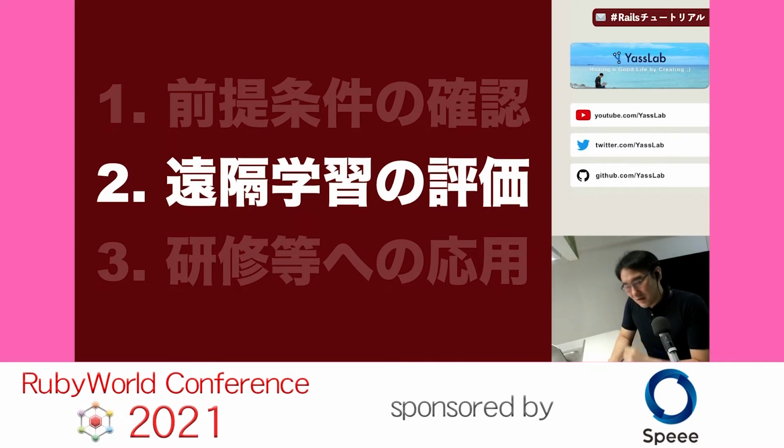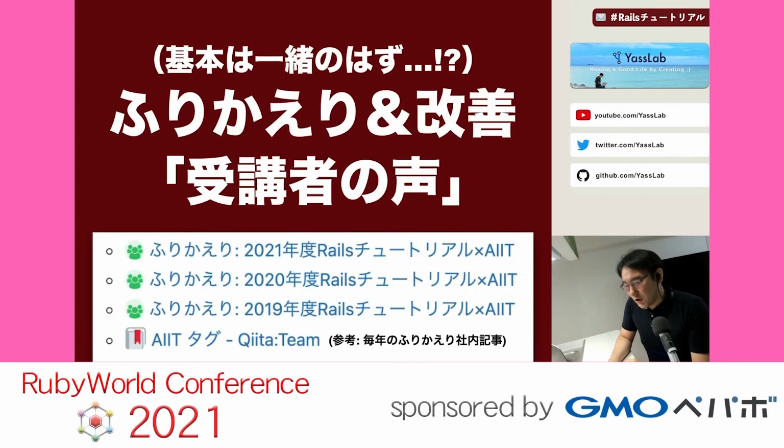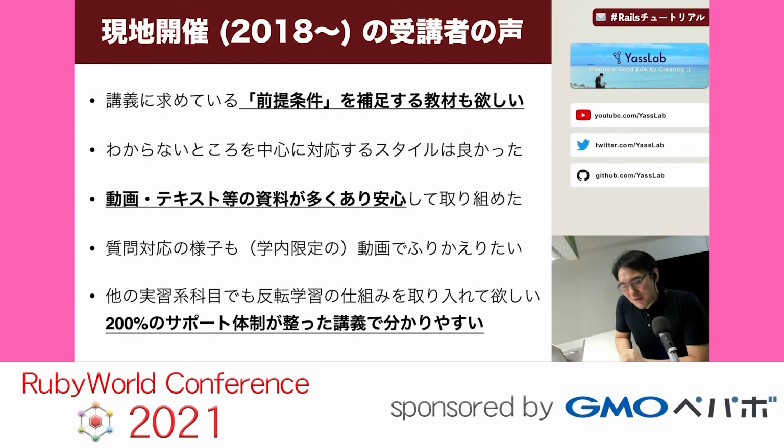So I'd like to share some of the feedback from participants and students on why their evaluations improved. We have received a lot of feedback. First, in 2018 and 2019, when we gave the tutorial face-to-face, our tutorial was for students who had some basic ideas about programming.